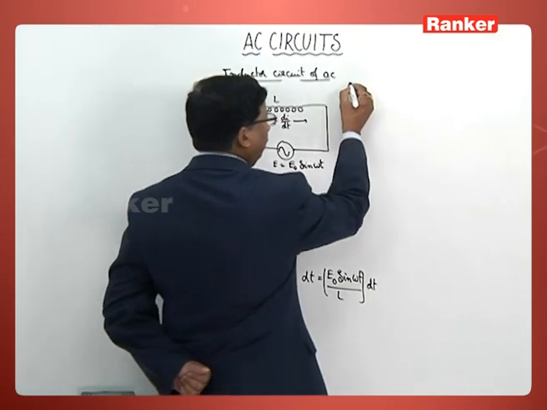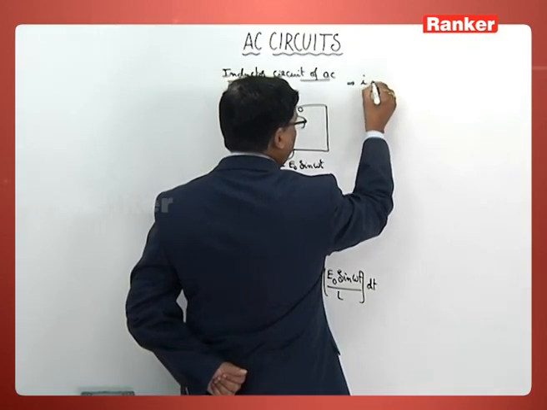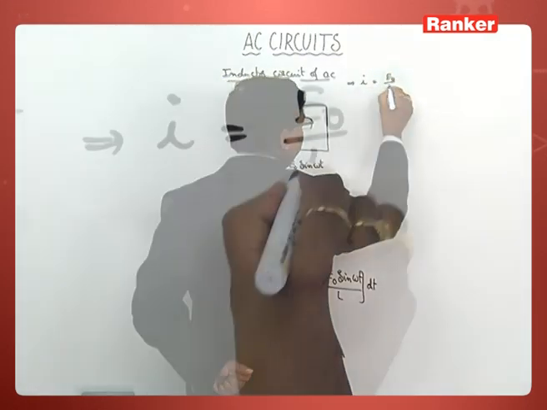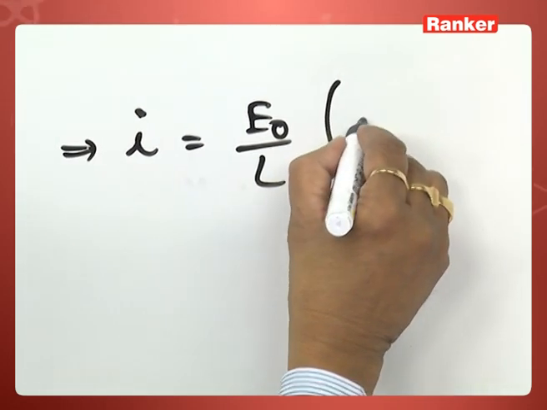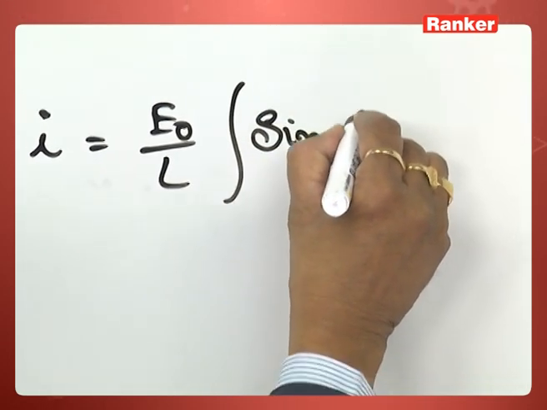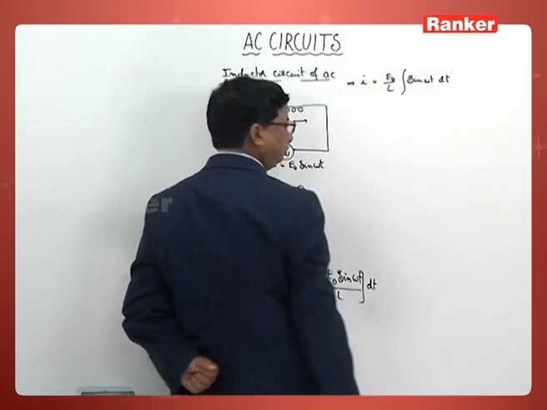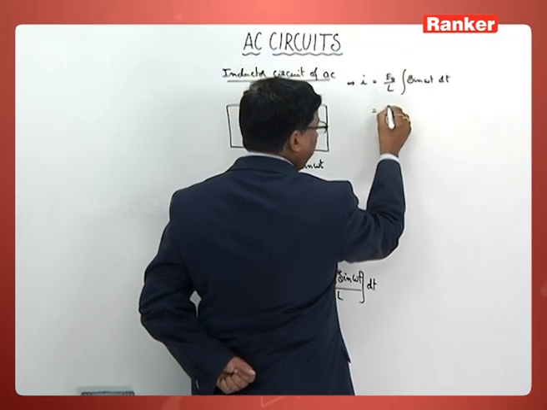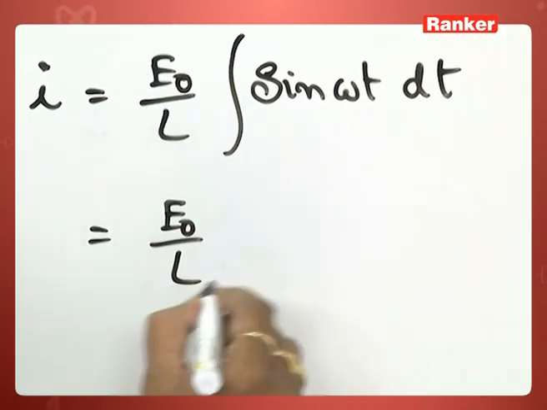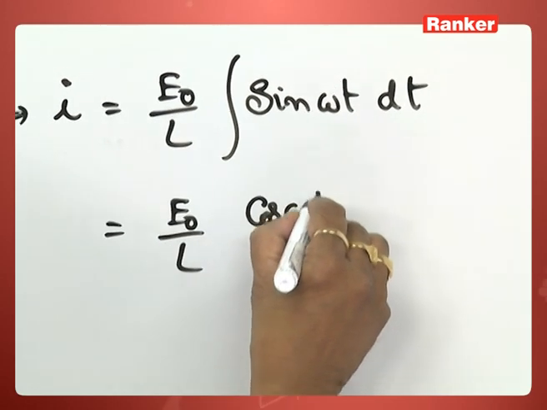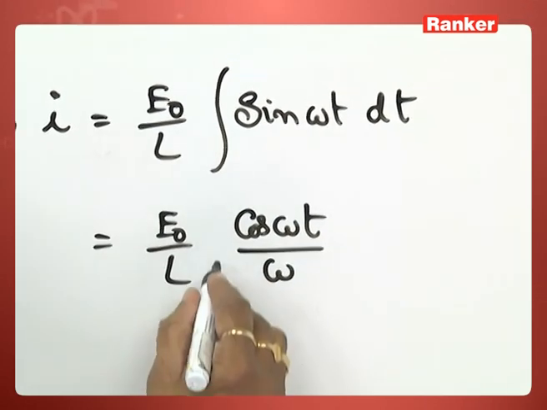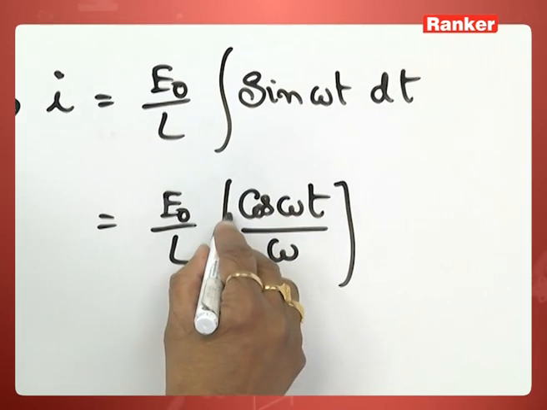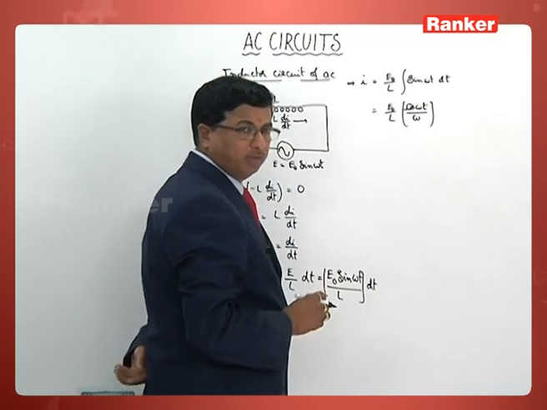This implies now I is equal to E naught by L integral sin omega t dt. We can rewrite the same equation this way: E naught by L cos omega t by omega. That is actually the integral value for it with a negative sign.